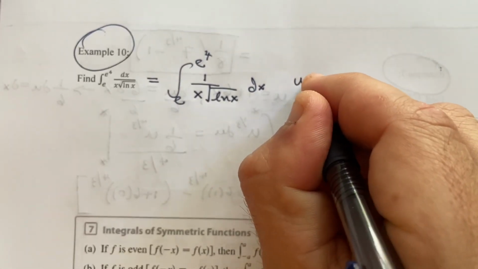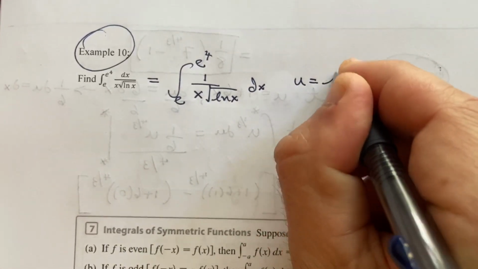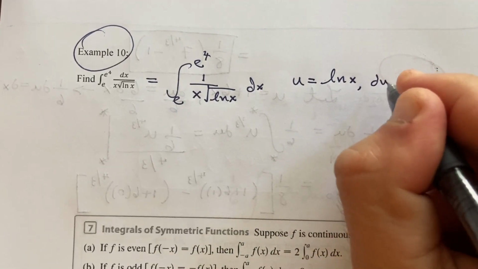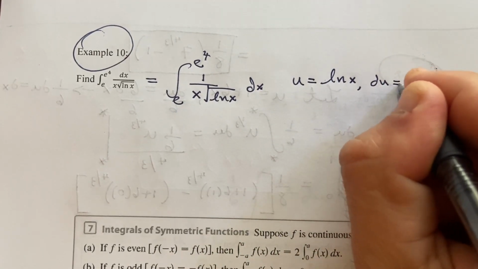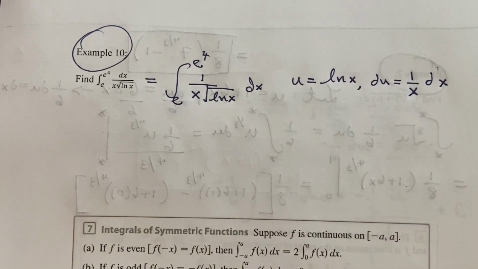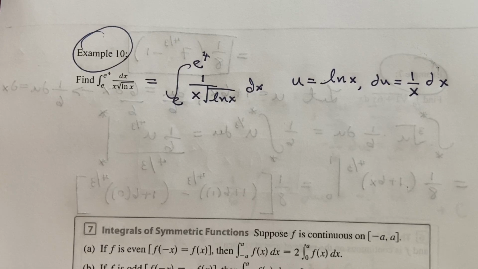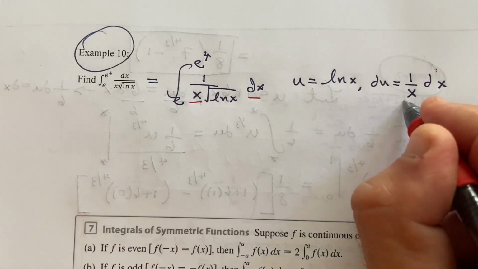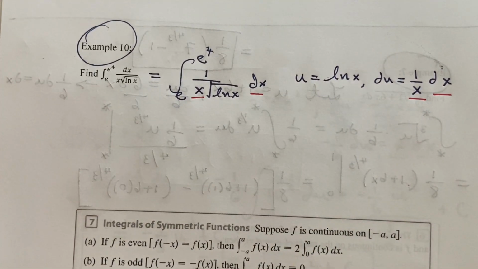So what I'm going to do is let u equal ln of x. Then du would equal 1 over x, and then I'll multiply over by dx. Okay? So we actually have exactly what we want. Here's 1 over x, here's dx, here's 1 over x, here's dx.